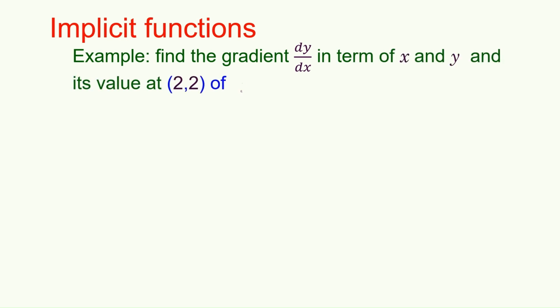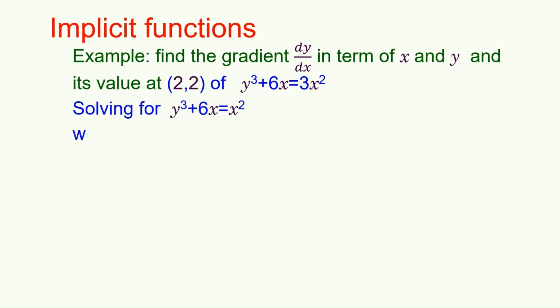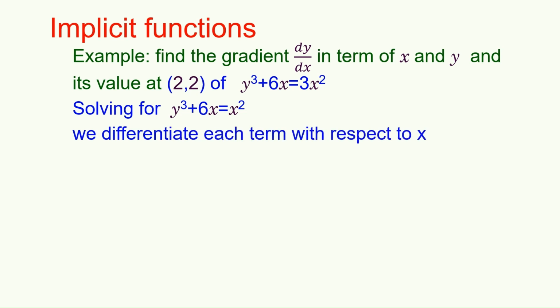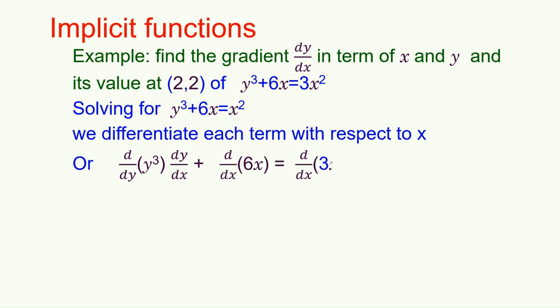Example: find the gradient dy/dx in terms of x and y and its value at (2, 2) of y cubed plus 6x equals 3x squared. We differentiate each term with respect to x: d/dy of y cubed times dy/dx plus d/dx of 6x equals d/dx of 3x squared.